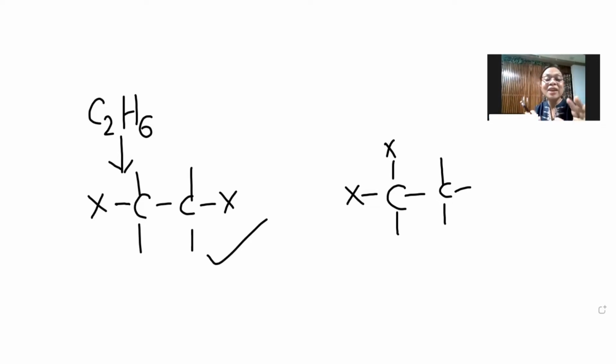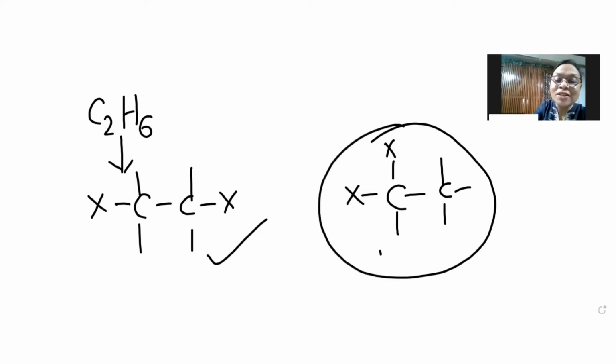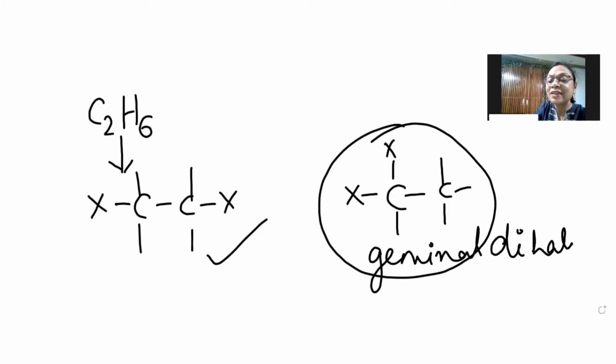Since there are two possibilities, we land up with two common names. This is called a geminal dihalide. When the halogen is on the same carbon, repeated twice, this is called a geminal dihalide.